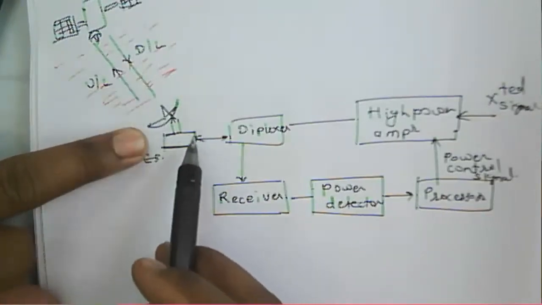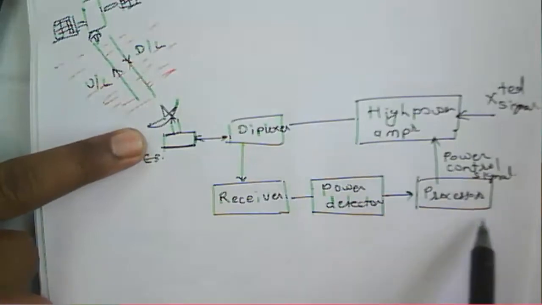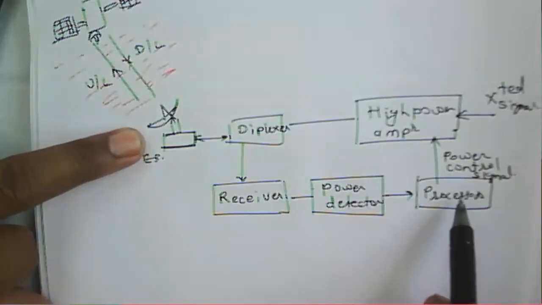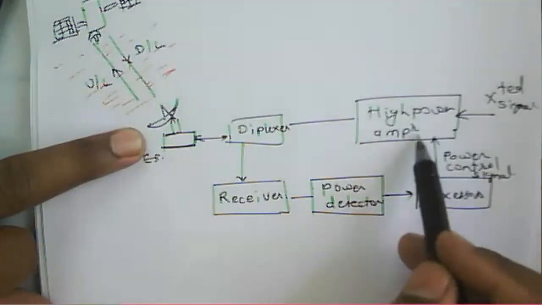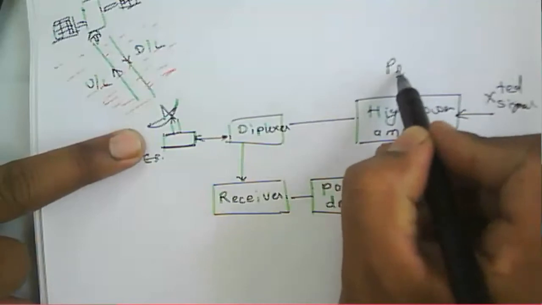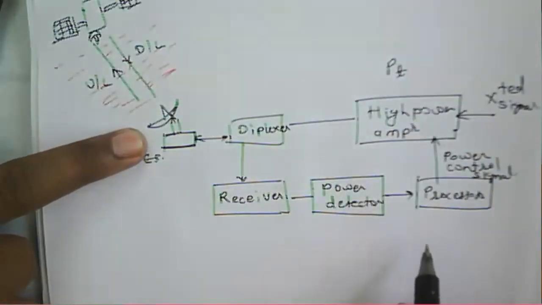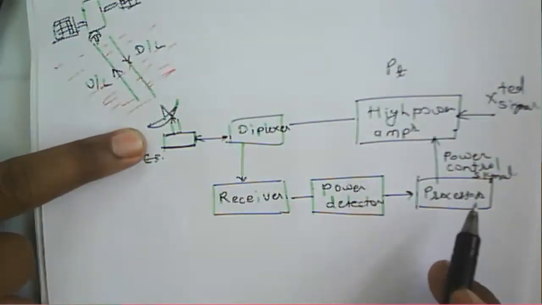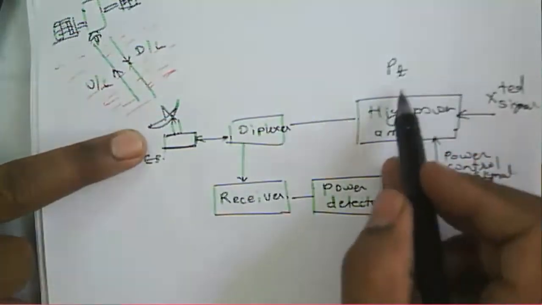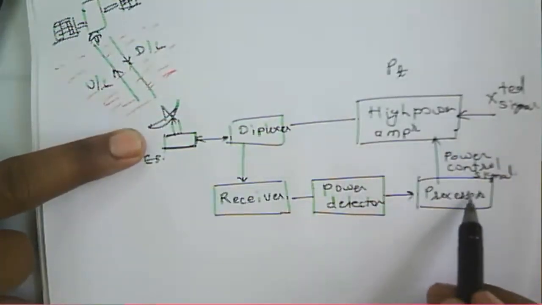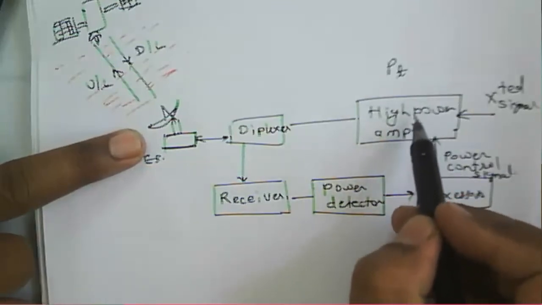According to that beacon signal level, the processor will process the signal level, and a power control signal will be given to the high power amplifier, so that the transmitted power will be increased. How much uplink power is required will be processed by the processor, and according to that, power transmission takes place.